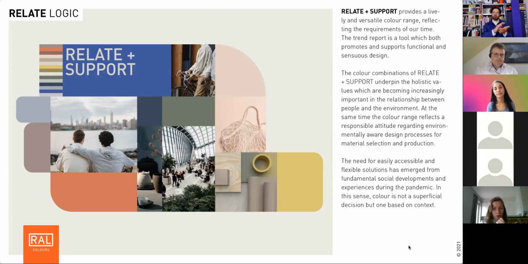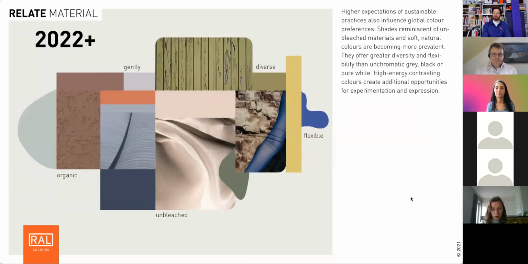Of course, color will be much more bound to material in the future. In addition, design must consider supply chain and subsequent recycling into the design process from the outset. Of course, and this is also a question of color. Higher expectations of sustainable practices also influence global color preferences. Shades reminiscent of unbleached materials, soft and natural colors are becoming more prevalent.